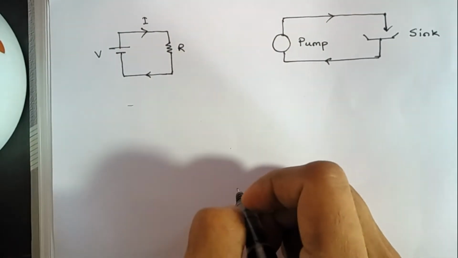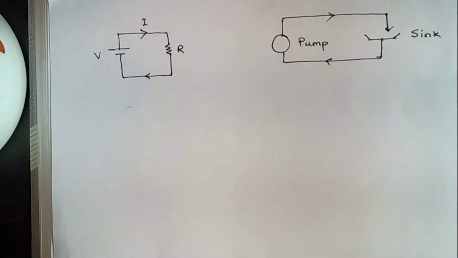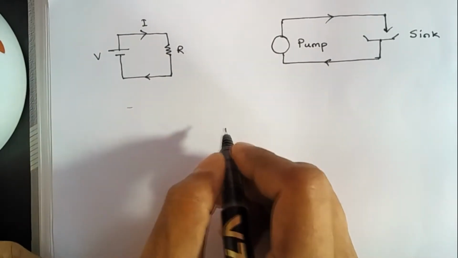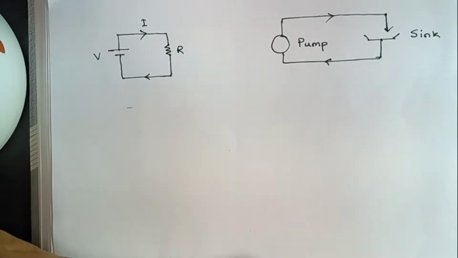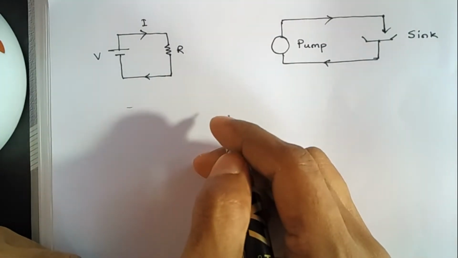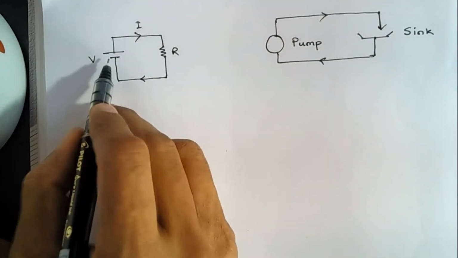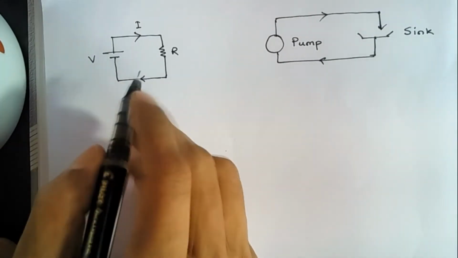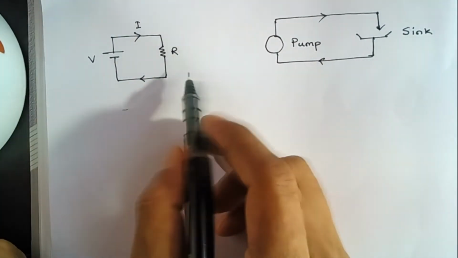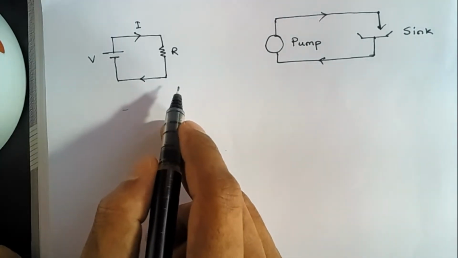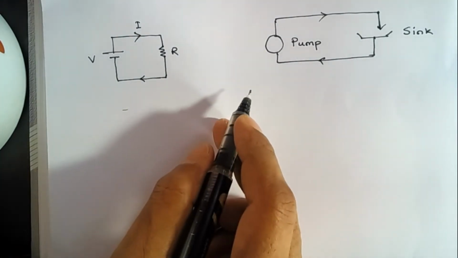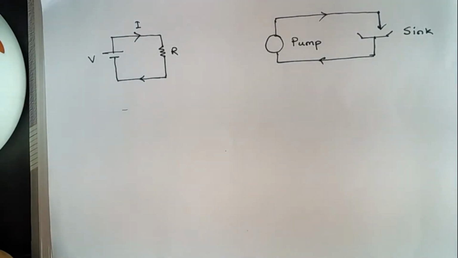So have we heard the word analogy? Analogy is the simplest way to understand an electrical system, because we haven't seen an electron, we haven't seen the voltage, we haven't seen the power flowing through a path, right? So to understand the voltage, the current, the power, we need some idea in an analogical way.